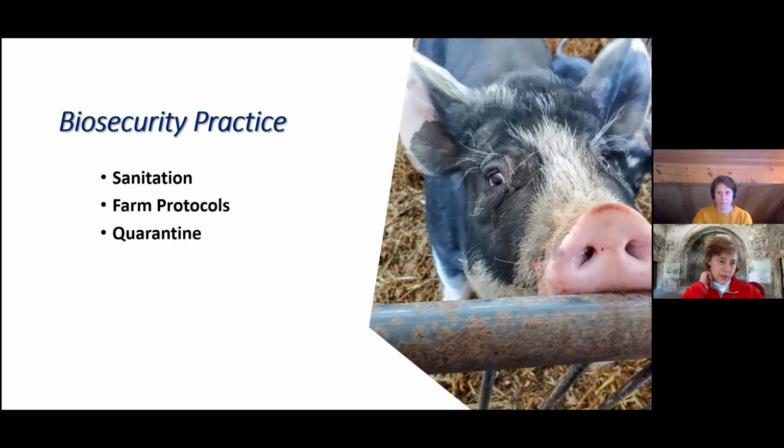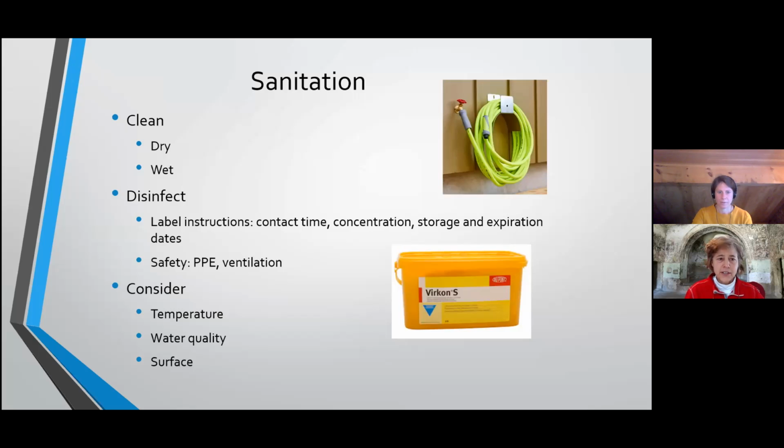Okay, so we'll start with biosecurity and sanitation. In sanitation, what we want to emphasize is it's a multi-step process. First, if you've had animals in a place, and maybe it's after quarantine, you want to clean out all organic material.